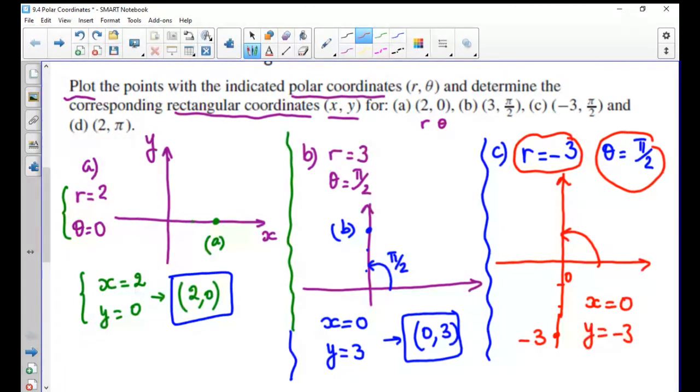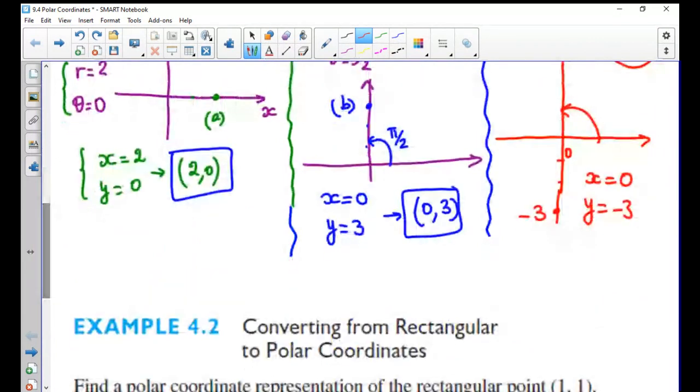and y is -3. By the way, we can find this if you wanted to use the formula. X will be r cosine theta, so r is -3 cosine pi over 2.